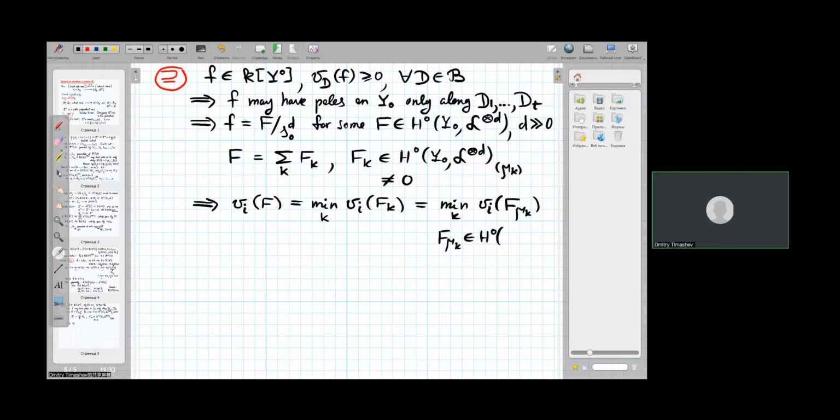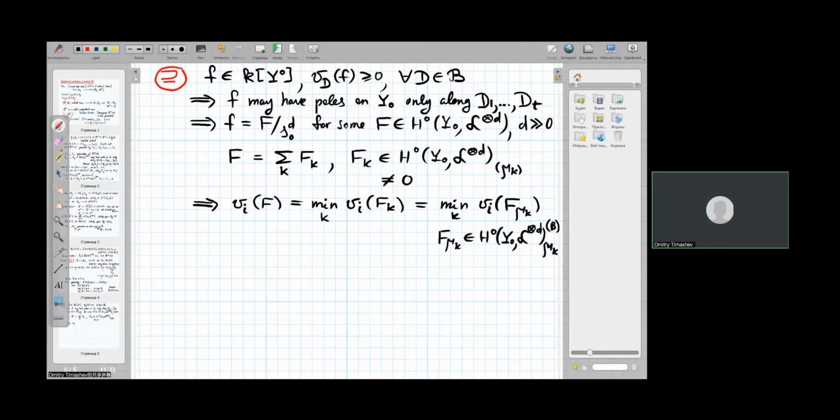So it sits in the space of eigenvectors in the space of sections, eigenvectors for B with eigenweight mu k. Okay.